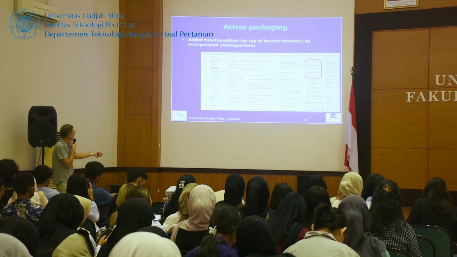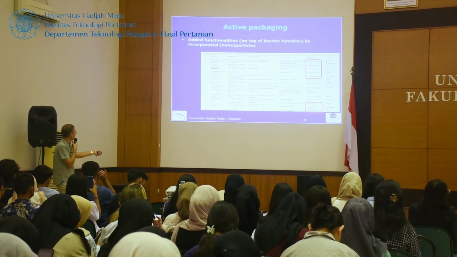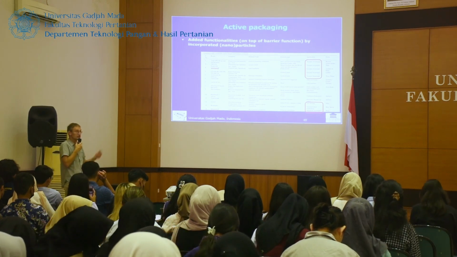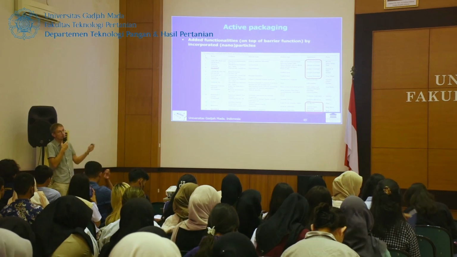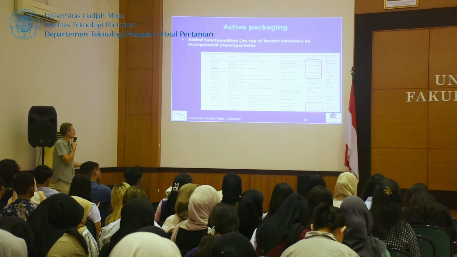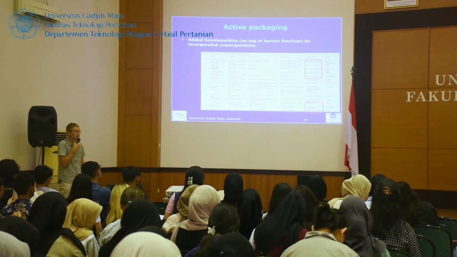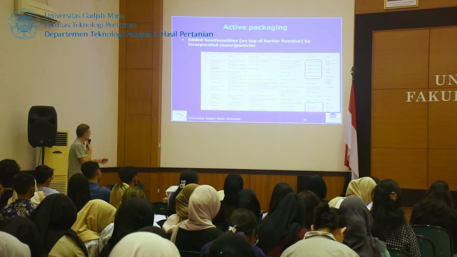For fruits and vegetables, ethylene scavengers can also be used, as you will see in a product called soap. So here you see that there are commercial applications of introducing small particles in your packaging material to introduce other functions than just the passive barrier functions, with additional benefits of having the particles.